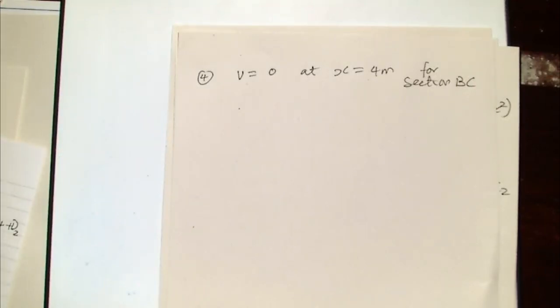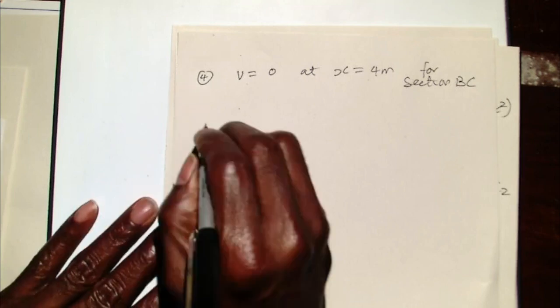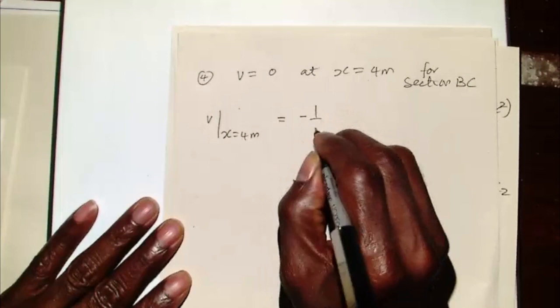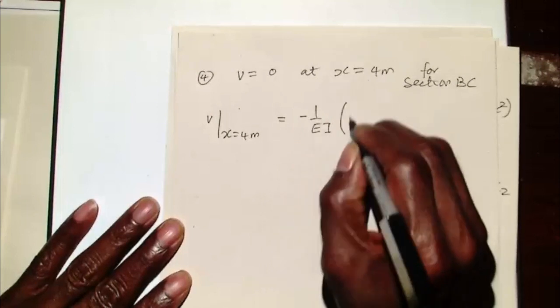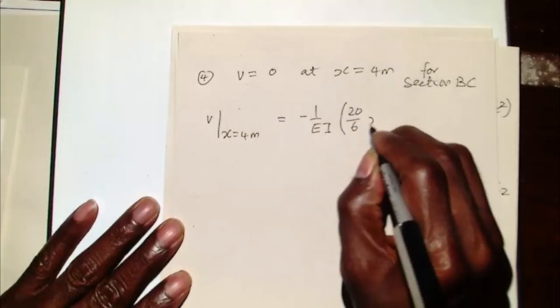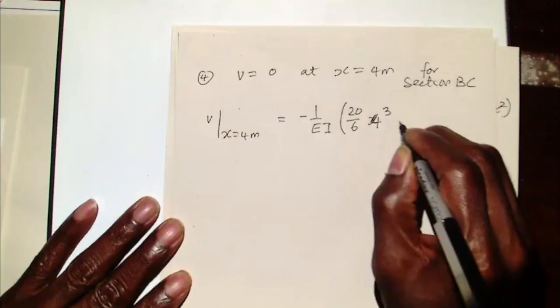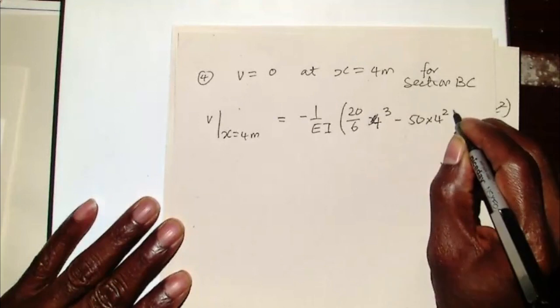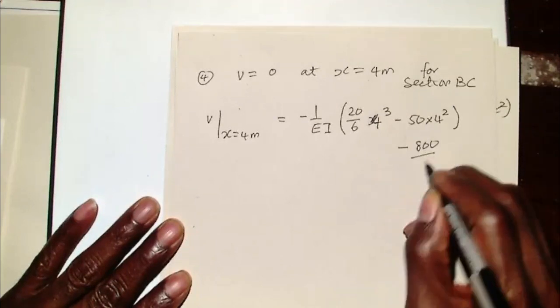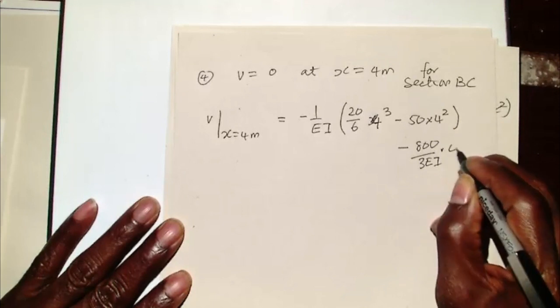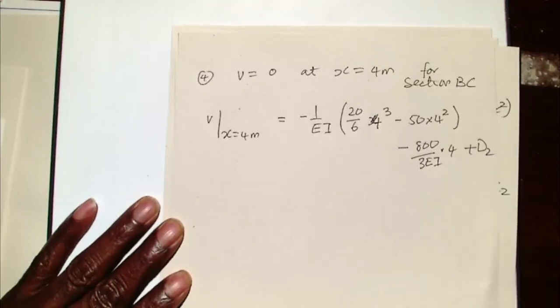So to do that, we have V at x equals 4 meters equals minus 1 over EI, 20 all over 6 times 4 raised to power 3, minus 50 times 4 raised to power 2, minus 800 over 3EI times 4, plus D2.